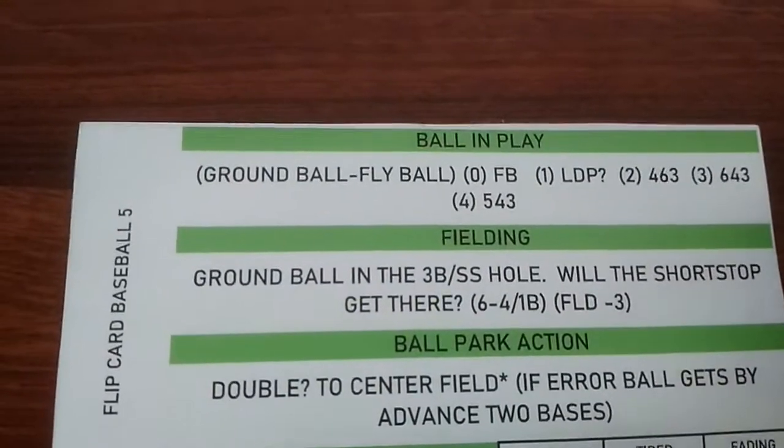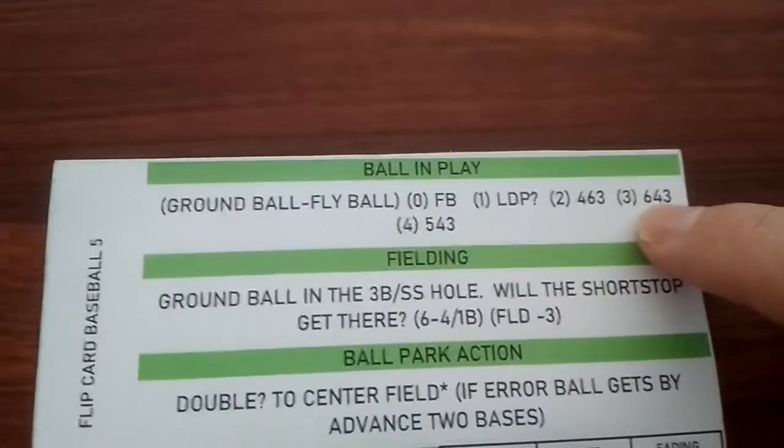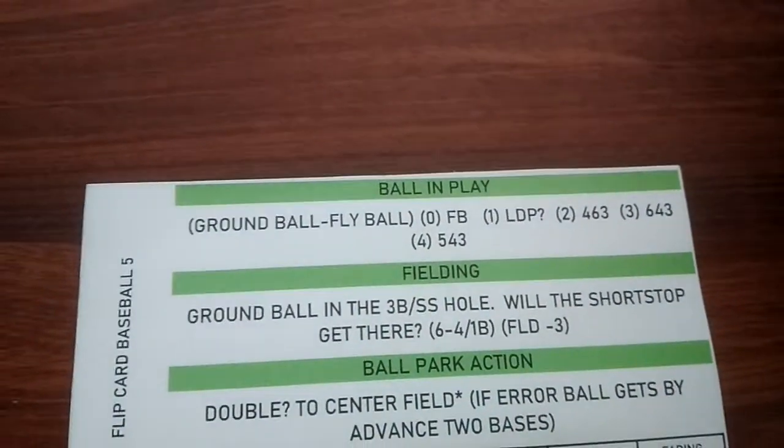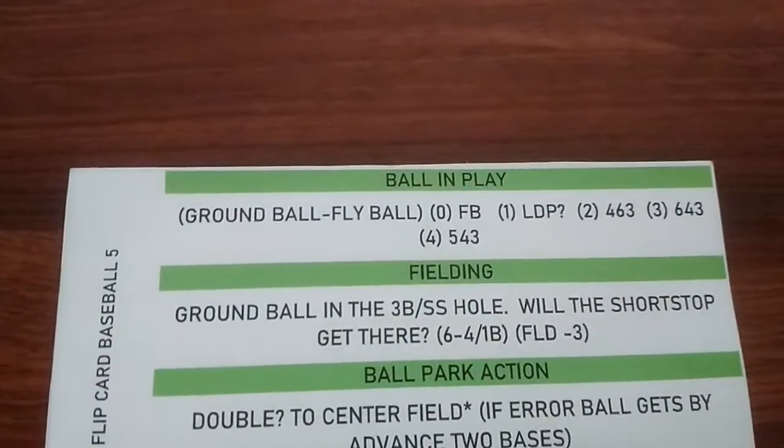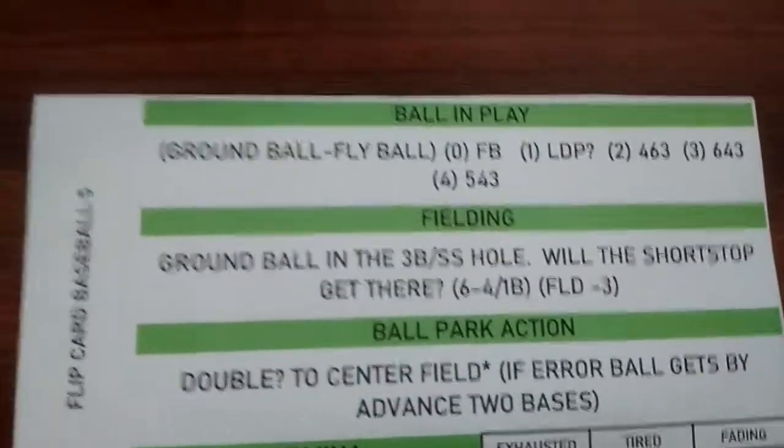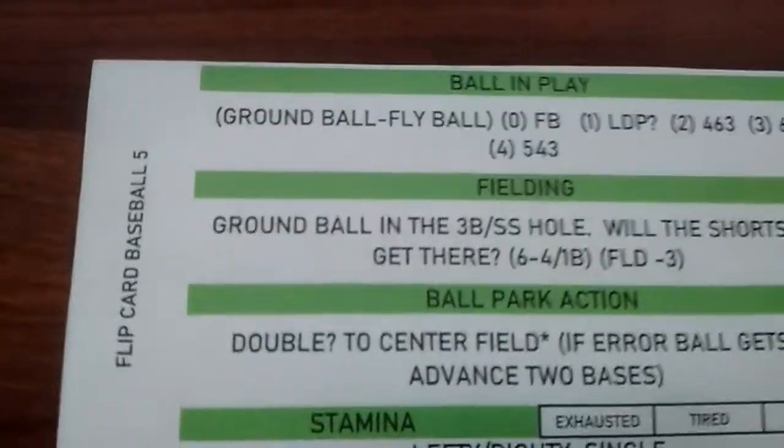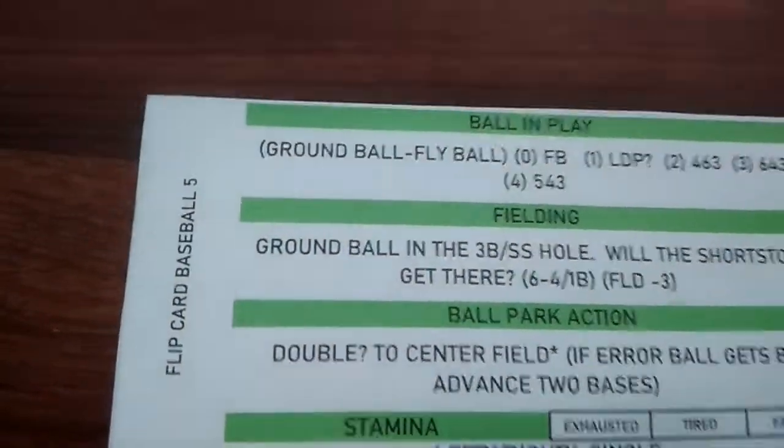But on this section here, in the ball in play section, we see we have 0 through 4. What we need to do is get the cards. And I'll get a couple of guys here.